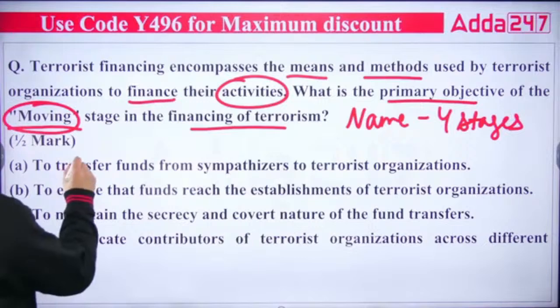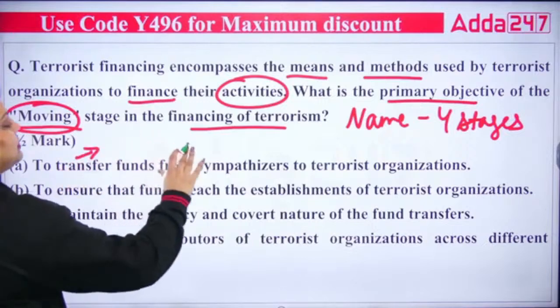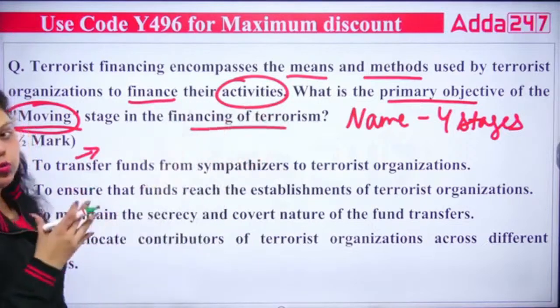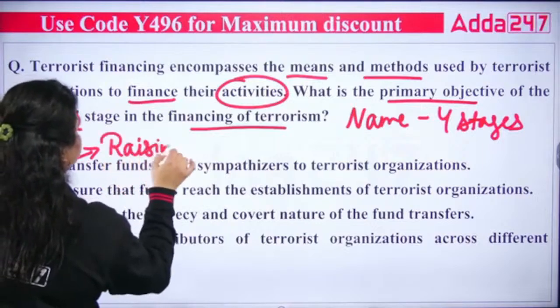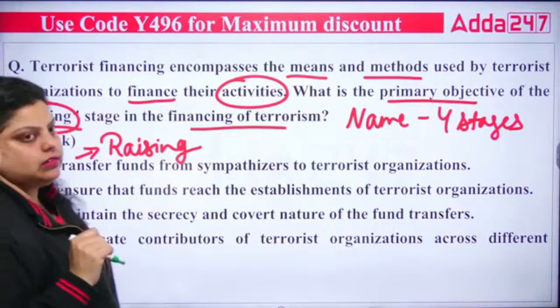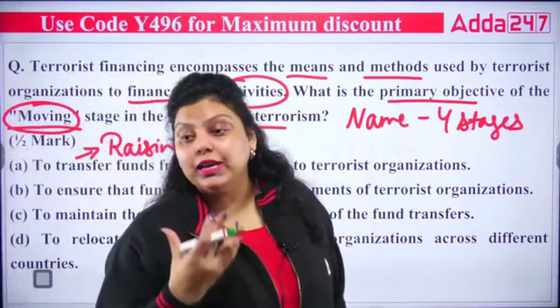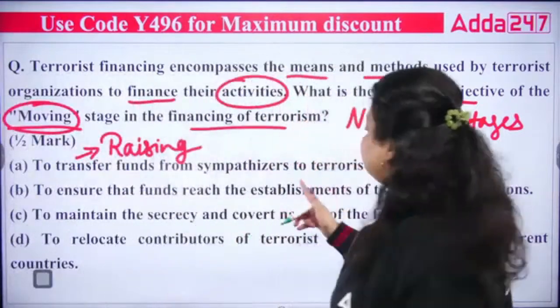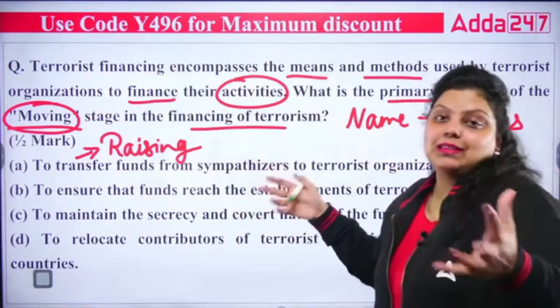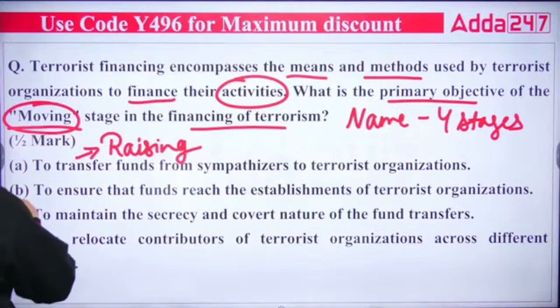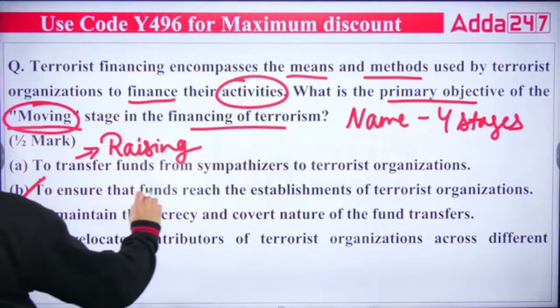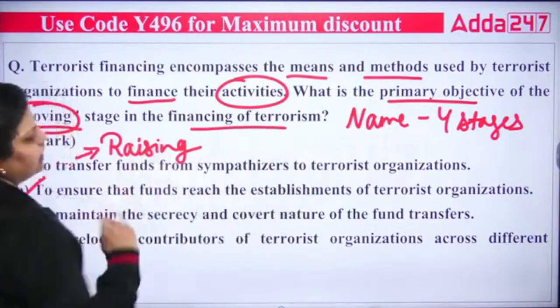If we talk about transferring funds from sympathizers to the terrorist organization, this is raising, the first stage of terrorist financing. First, you have to raise capital, from the persons who sympathize with the terrorist organization. The second one is moving, to ensure that the funds reach the establishment of the terrorist organization.